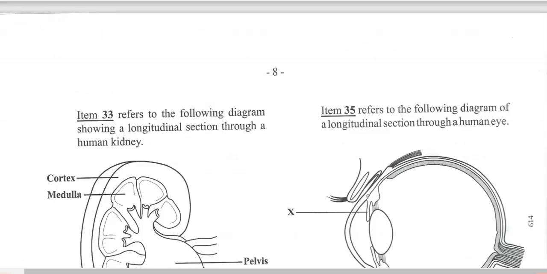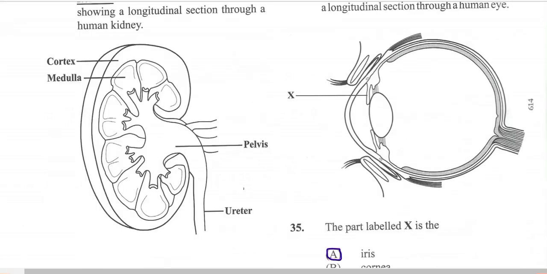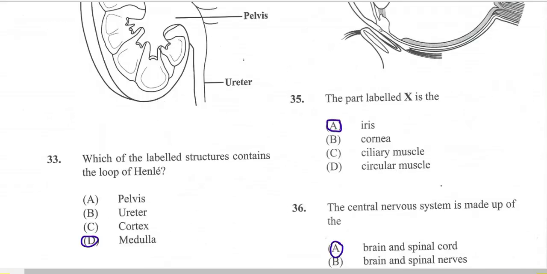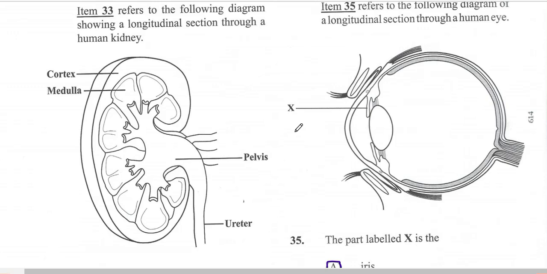Moving on to question 33. Question 33 refers to the following diagram showing the longitudinal section through a human kidney. There we have the cortex, the medulla, the pelvis, and the ureter. Which of the following label structure contains a loop of Henle? That is going to be the medulla. Of course, looking at the medulla, it's going to be here, the loop of Henle.